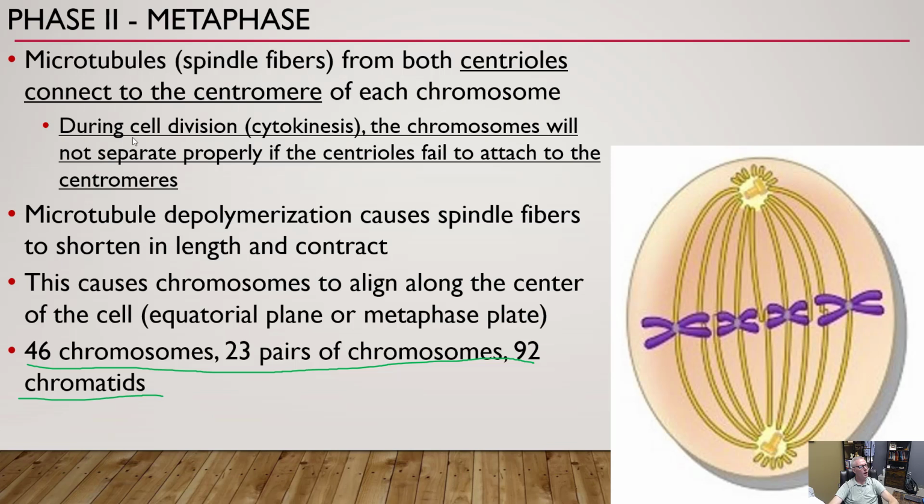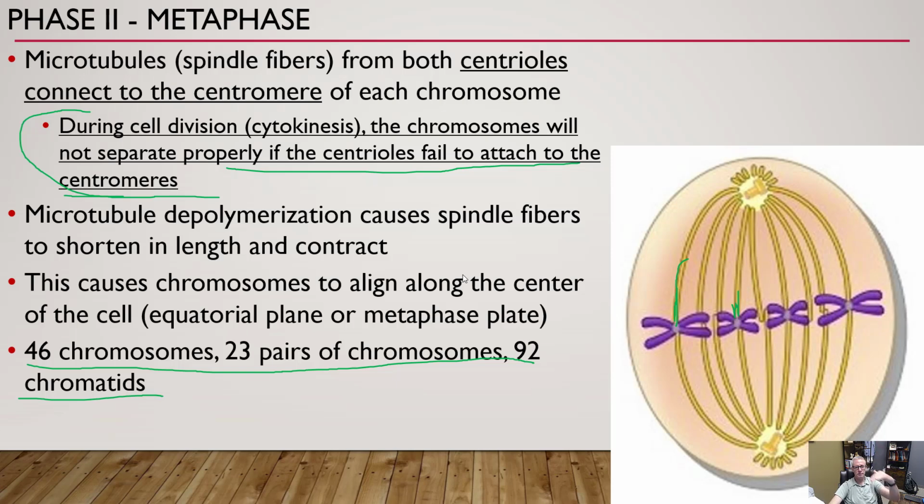Now, just remember that during cell division, chromosomes will not separate properly if the spindle fibers fail to attach to those centromeres. These spindle fibers have to attach to the centromeres in order for the chromosomes to separate.